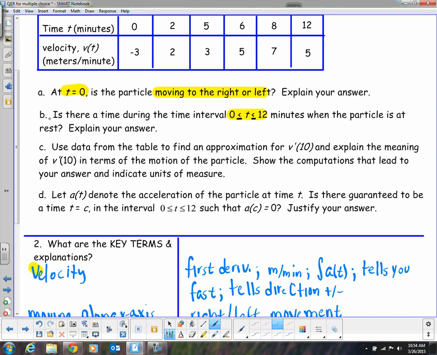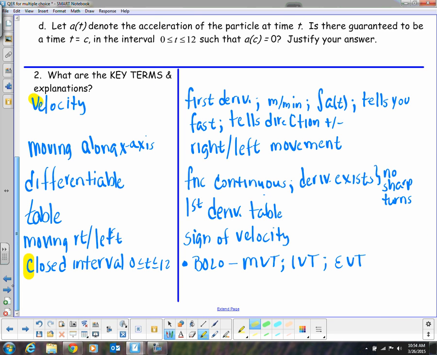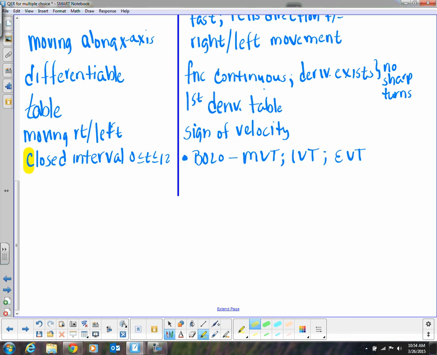When the particle is at rest. Ooh, at rest. Now, what does at rest mean? Is it position? No. Velocity. It means velocity equals 0.